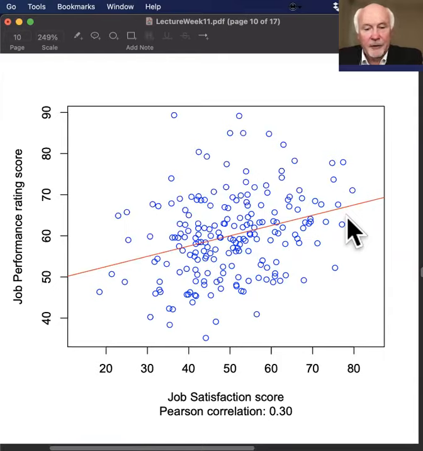So it appears that there is a positive association. This tells us nothing about the direction of causation. It could be that job performance is causing satisfaction, or satisfaction is causing job performance, or maybe it goes both ways. There's nothing there to tell us.